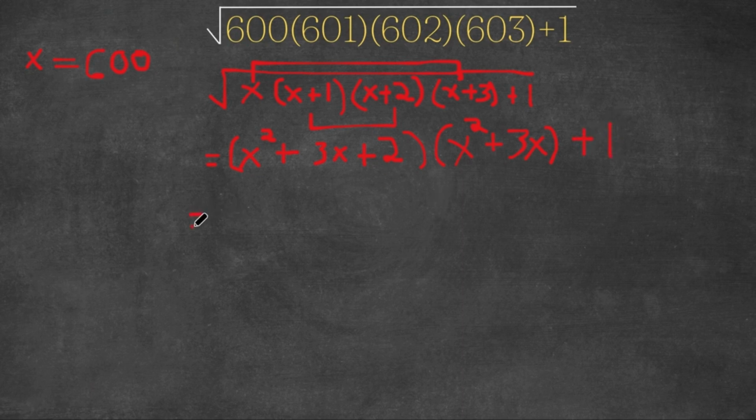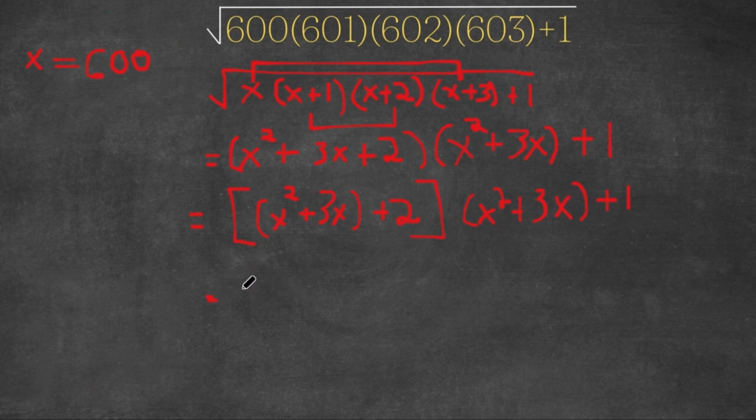Now this can also be changed to x squared plus 3x in parentheses plus 2 on the outside, times x squared plus 3x plus 1. So now what we're going to do is multiply this 2 with our x squared plus 3x.